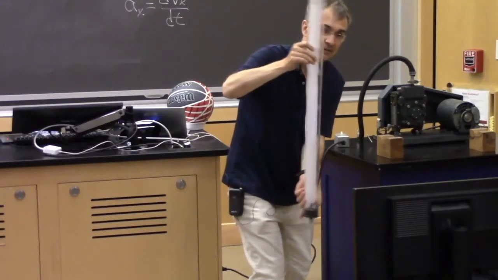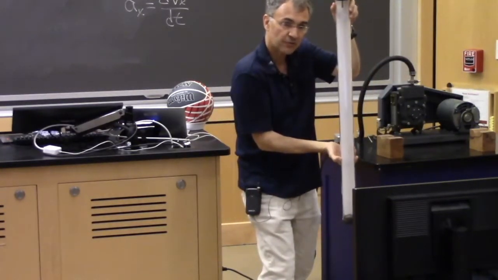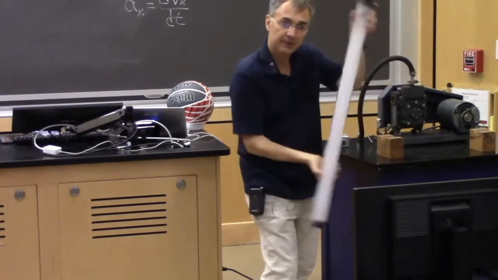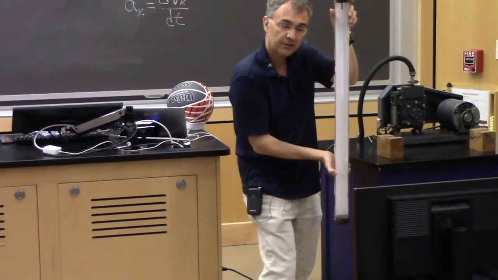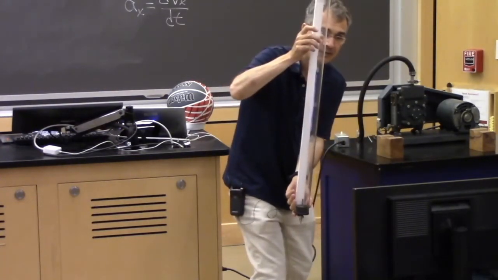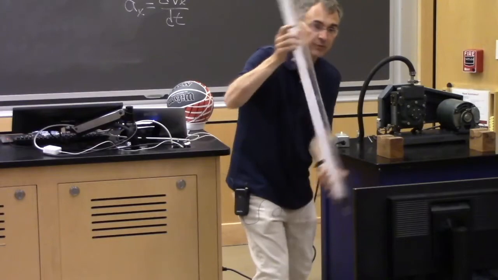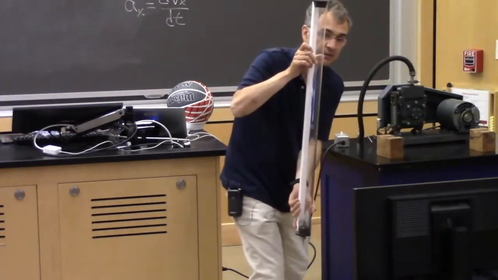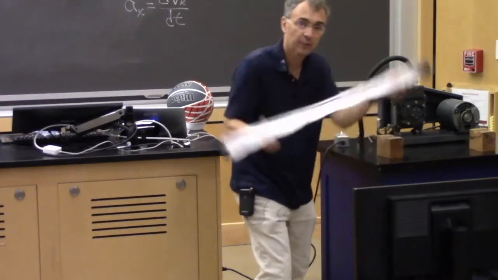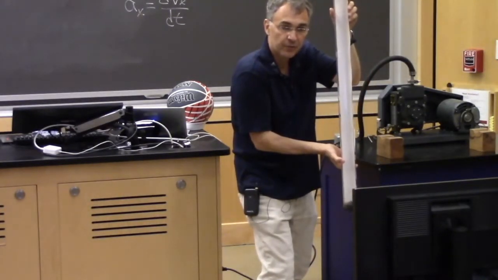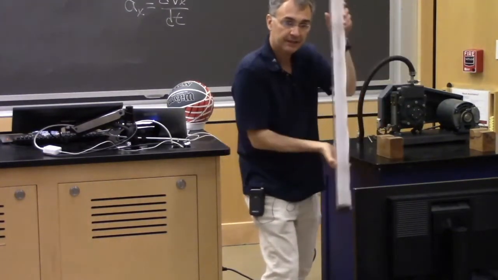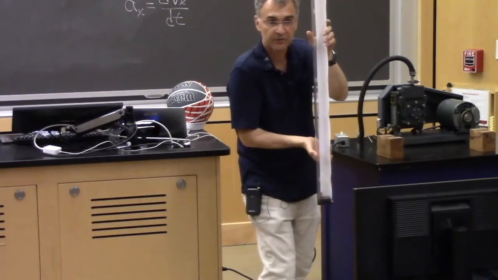So, in the absence of air resistance, it really is true that all objects fall near Earth's surface with a downward acceleration of lowercase g, which is 9.8 meters per second squared. But that observation is complicated by the presence of air resistance.